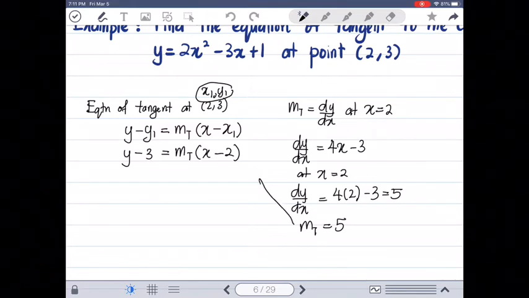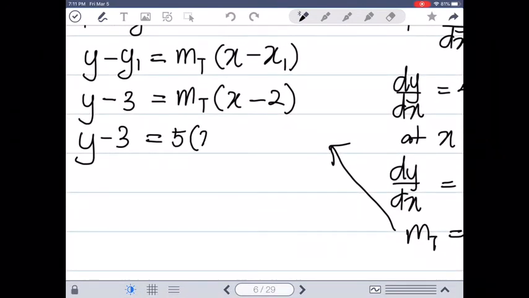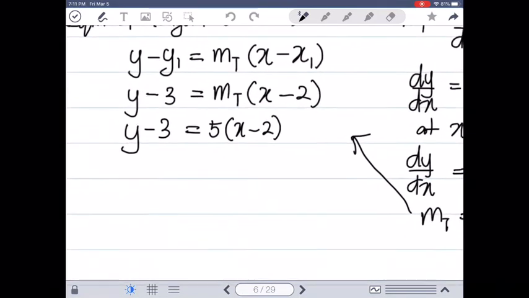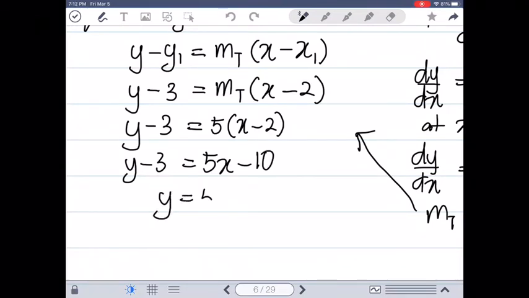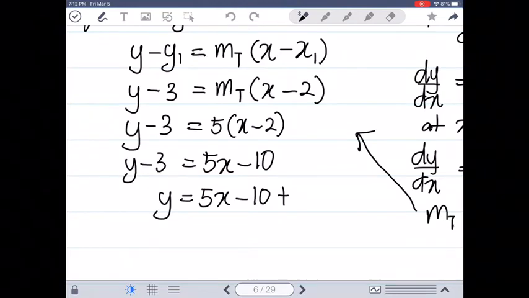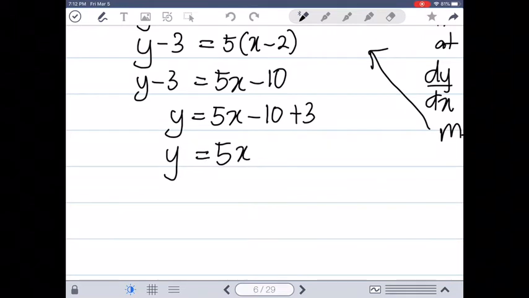Substitute that value into the equation, so we will get y minus 3 equals 5 times x minus 2. What you need to do here is just expand and simplify so that we get it in the general form of the straight line. So y minus 3 is equal to 5x minus 10, so y equals 5x minus 10 plus 3, so y equals 5x minus 7.